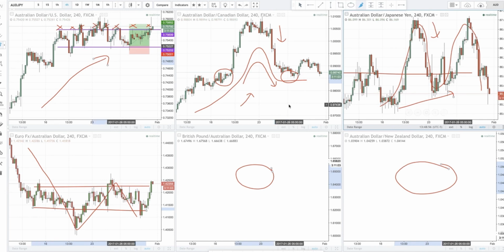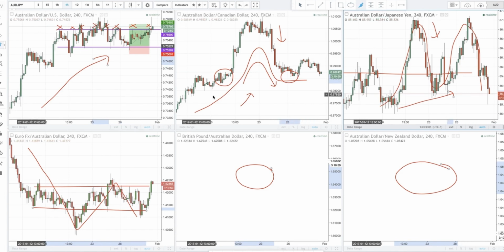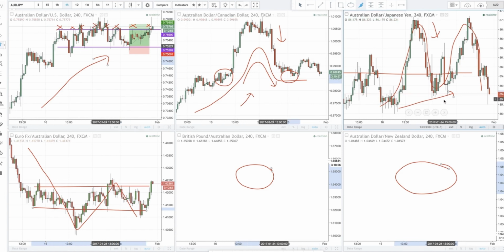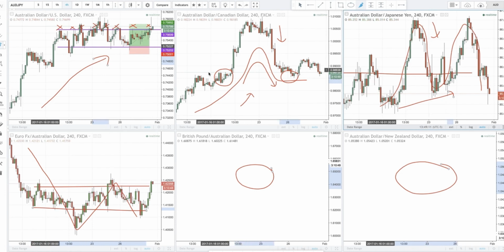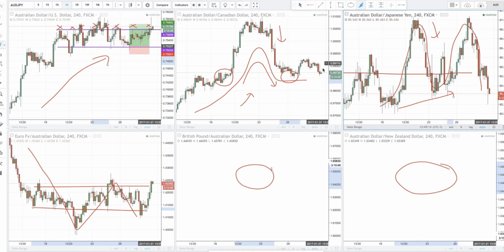But now, do you start to notice there's a difference between the way Aussie USD looks, the way Aussie CAD looks, and the way Aussie yen looks? They're all saying strong, but they're not the same design. One is roller coaster mode, the other is this little inchworm, and the other is in a nice uptrend followed by a range.